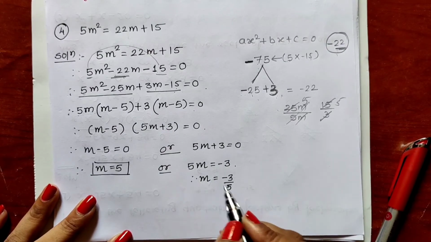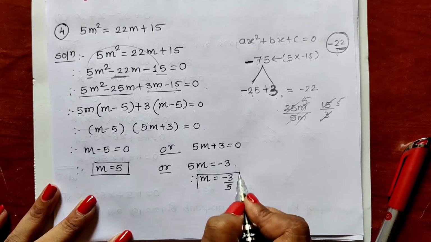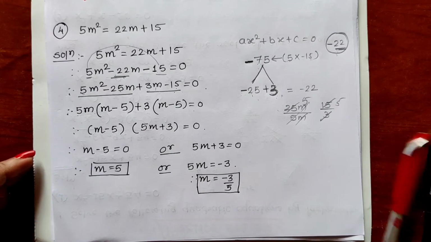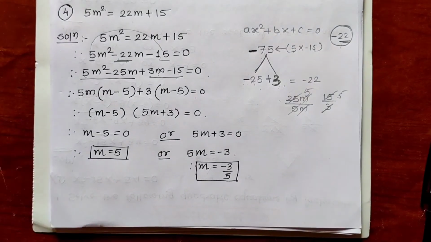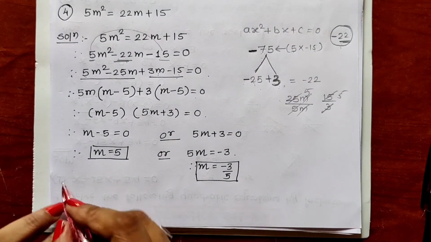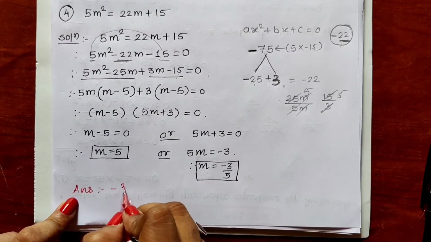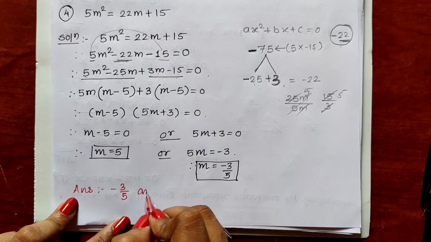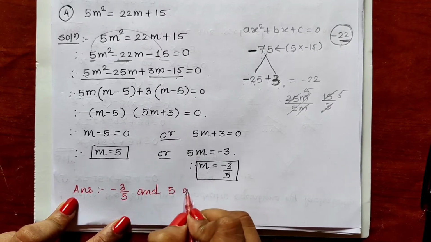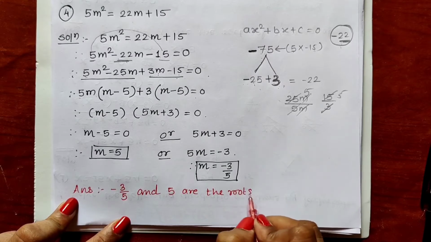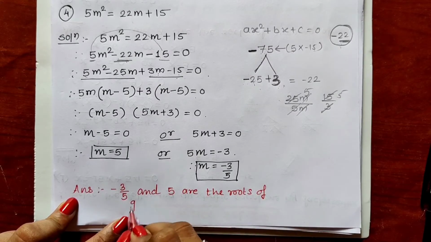This 5 transferred becomes upon 5. So in this way we have got two values of the variable which are the roots of the given equation. Therefore the answer we should write: minus 3 upon 5 and 5 are the roots of the given equation.